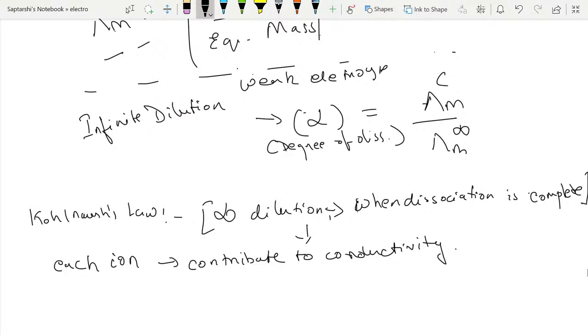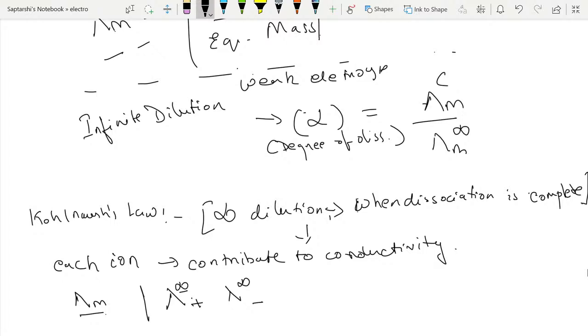So suppose, I think the best way to understand this is actually via an example, but I'll just give you a mathematical form as well. Suppose our total molar conductivity is given by capital lambda. And our individual molar conductivities at infinite dilution, this infinity means infinite dilution, for the cation is this, and for the anion is this.